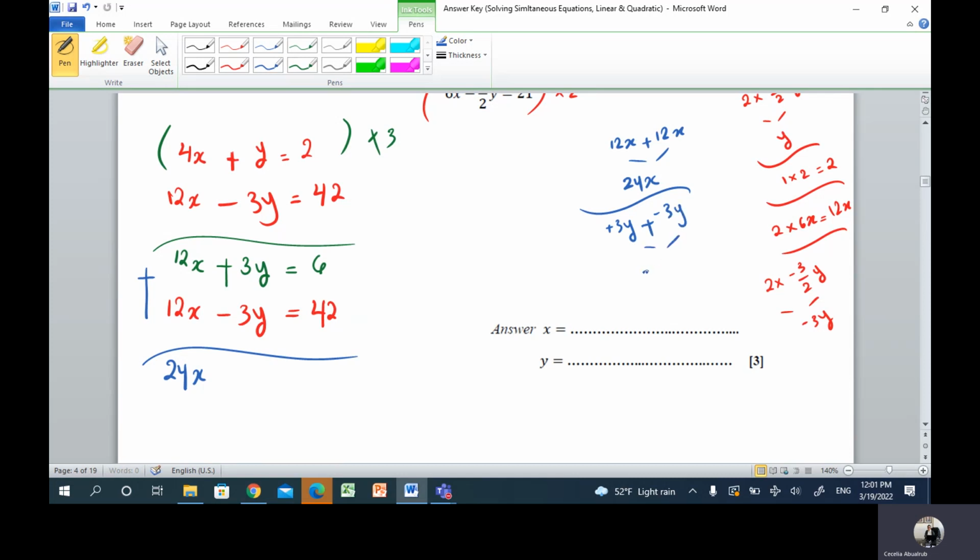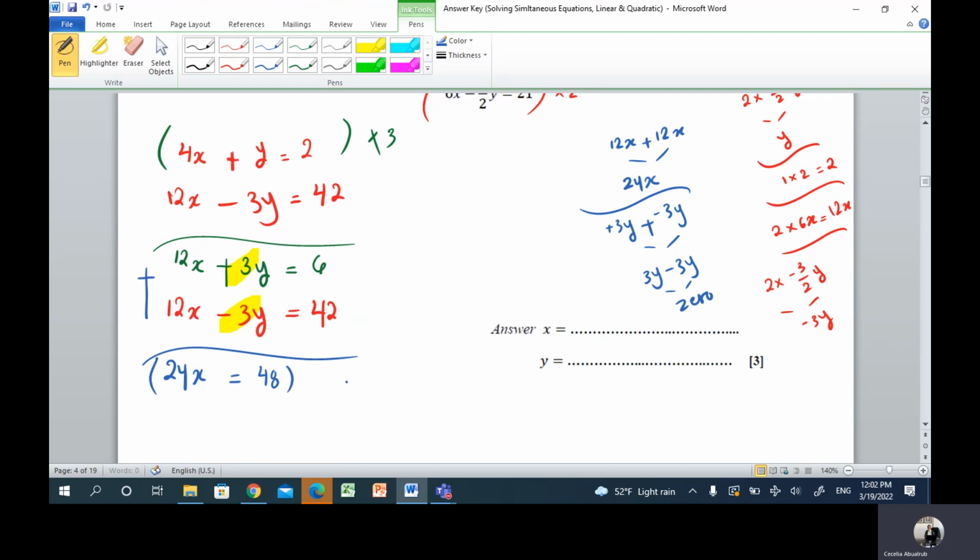It will become 3y minus 3y, which is 0, and that's what we need. This is not going to happen if we subtract the two equations. So the y's are cancelled. And we're going to say equals 6 plus 42.